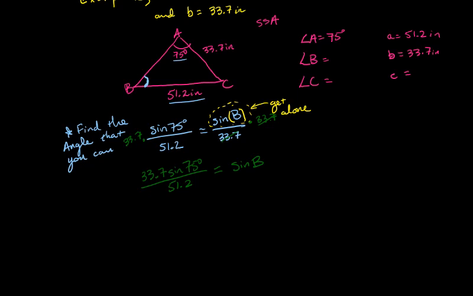Now, in order to figure out what B is, we're going to use the inverse function. So I'm actually going to take the inverse function of the other side, and that's what B will equal.